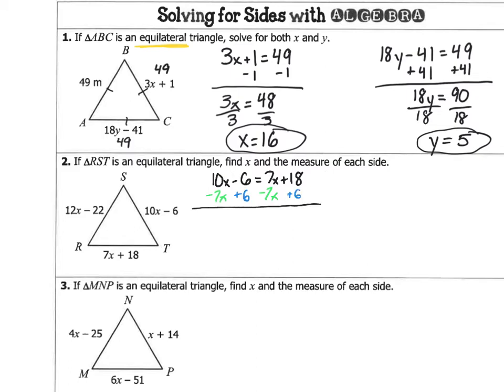We'll get 3x. Those will cancel out. Those will cancel out. 24 divided by 3, that's an 8. X equals 8.